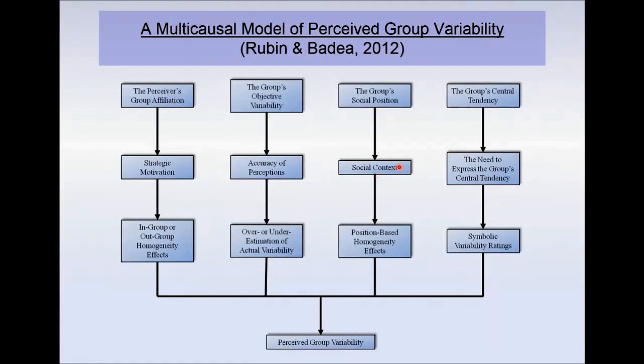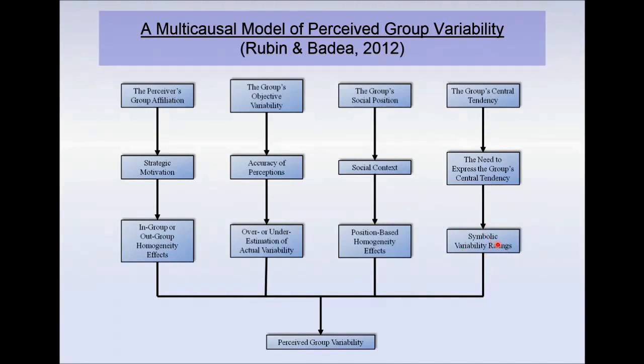a heterogeneity effect. And finally, we had this sort of weirder one, which I hope I explained adequately, which is basically this idea that people have a need to express the group's central tendency, and they might use variability ratings symbolically.